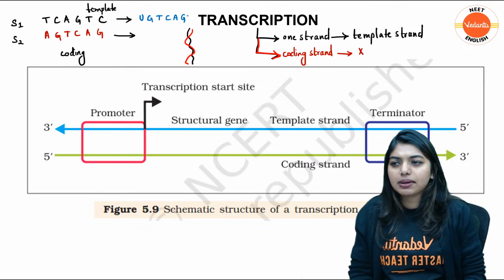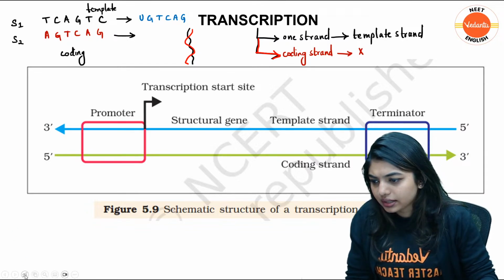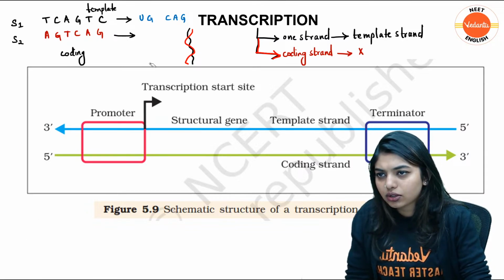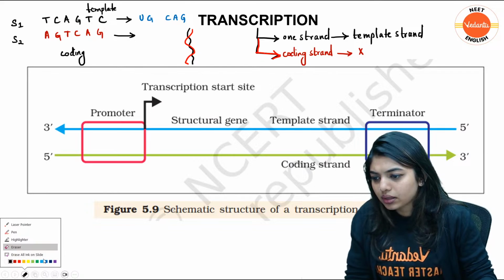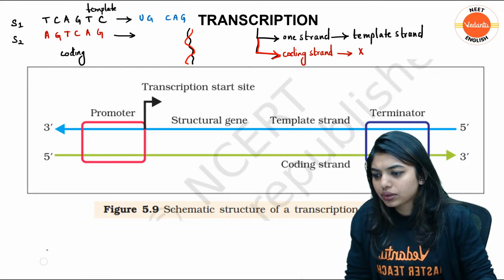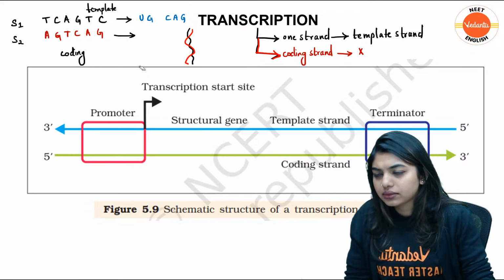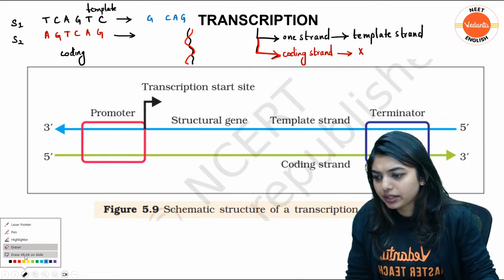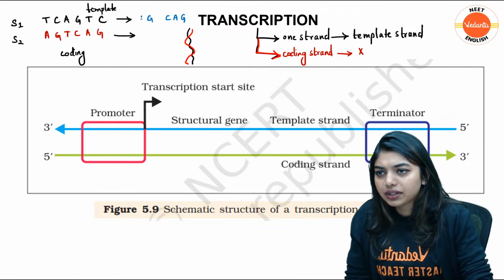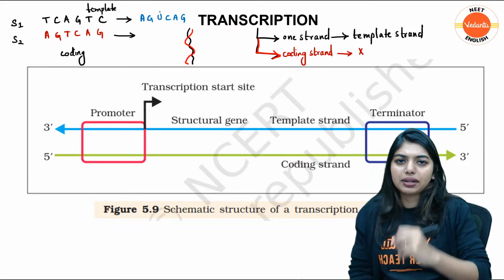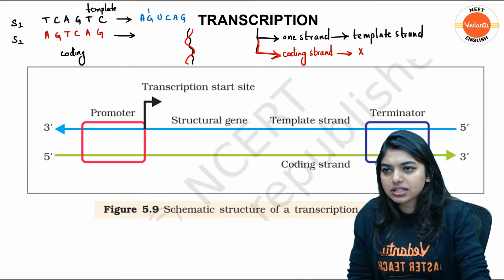Thymine will be replaced by uracil. Wait, 1 second. I think I wrote here T, no? It also will be U. 1 second, students. Ulta. We have to write it ulta. Okay, here we have A and here you will write U. Simple. This is the mRNA which I got from this template strand.